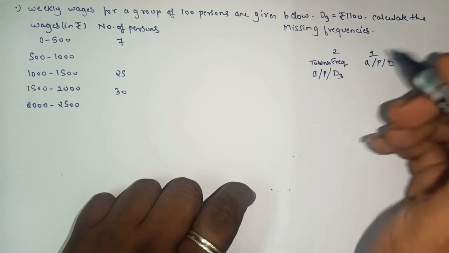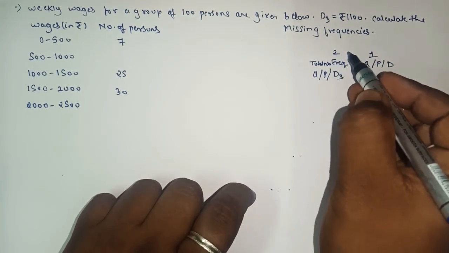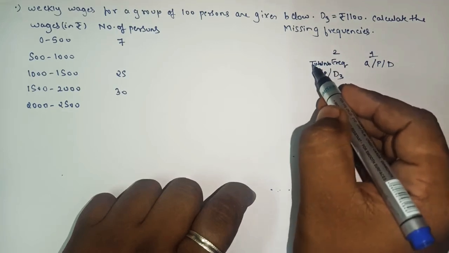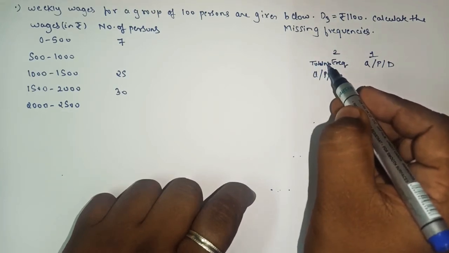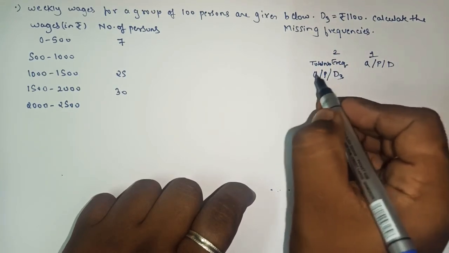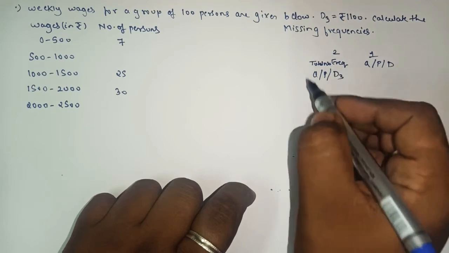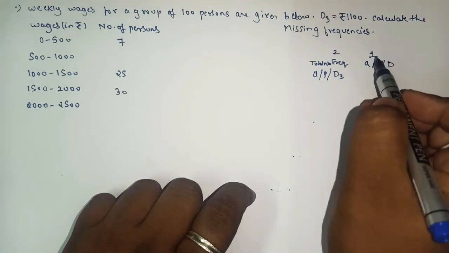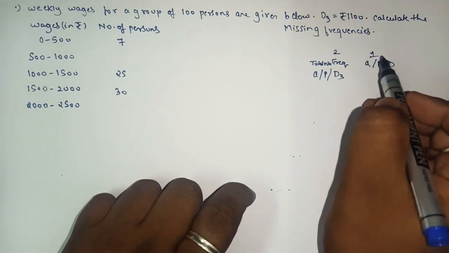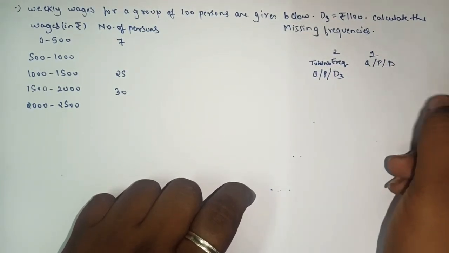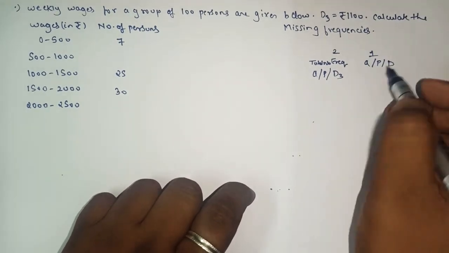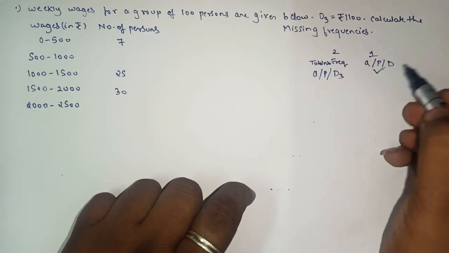Whenever we have to find two missing frequencies, we require two values: one, the total number of frequency, and two, the quartile, percentile or decile value. Without these two things we cannot find our answer. For one missing frequency, we require only the decile value. If the total number of frequency is not given, we can still find our answer. So let's begin now.